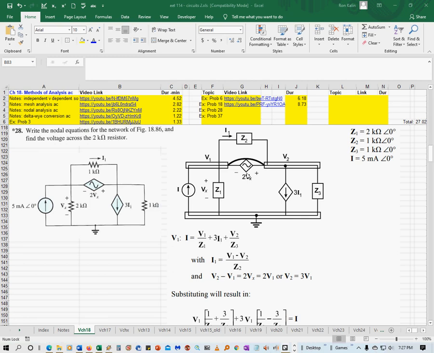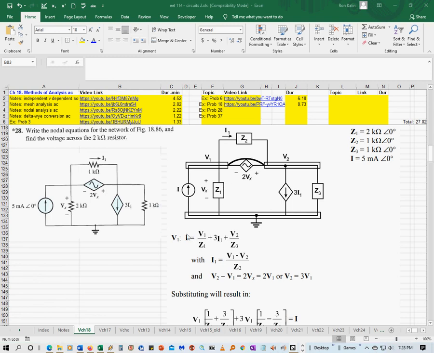When you short this voltage source out, V1 and V2 become the same node. So your KCL at V1 becomes the currents coming in, and then the currents leaving going down through this Z1, because unknown currents are defined as leaving the node.